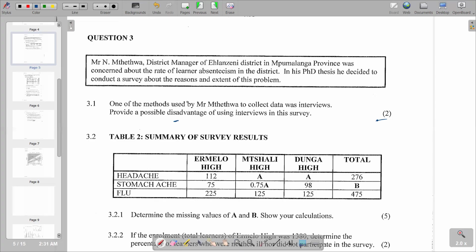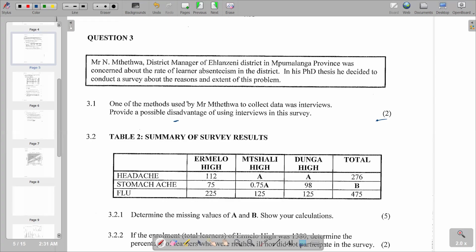But basically, when we are talking about interviews, it's a structured conversation where one participant asks questions and the other provides answers. So that's the scenario that we have in terms of an interview. So what can be a disadvantage that we can try to deduce from there? You would see that the issue of interpretation of the question can be a problem.